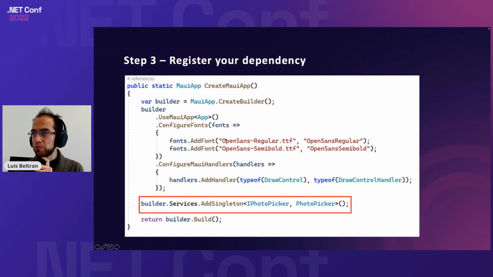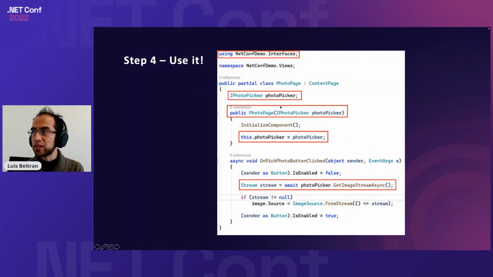In the previous step, we are registering the dependency in the dependency container. So that means that the interface is available to be injected, for example, in the constructor of some content page. You can observe here, we have iPhotoPicker, local reference, then this is the one that is injected or that we can obtain.